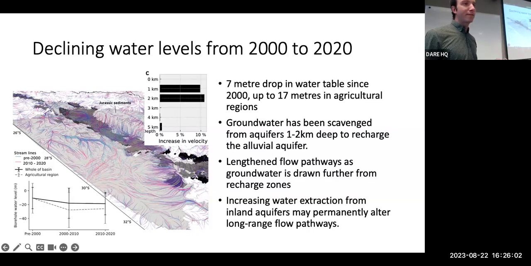These lengthened flow pathways occur as groundwater is drawn further from inland regions to top up that declining water table in the agricultural regions. So yeah, water's being scavenged from the Blue Mountains further inland than it used to be. And so increasing the water extraction from these inland aquifers may permanently alter the long-range flow paths within the Sydney Gunnedah Bowen Basin.